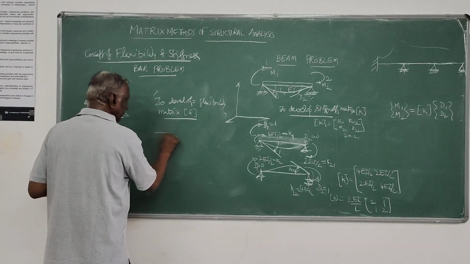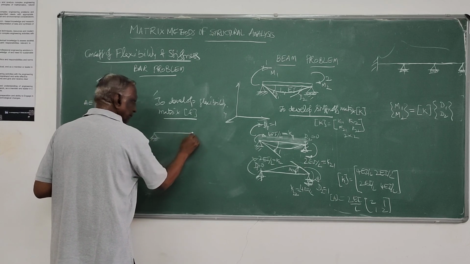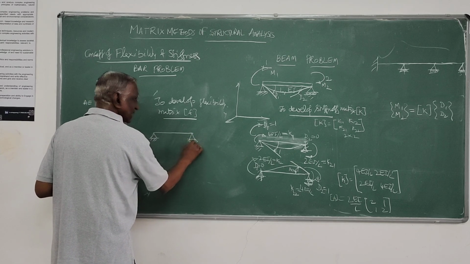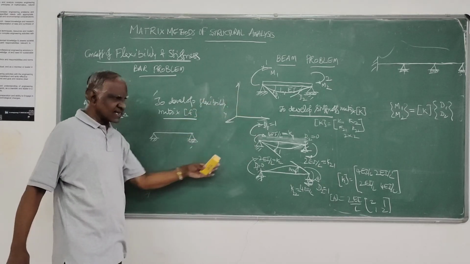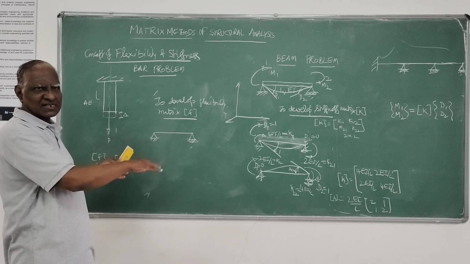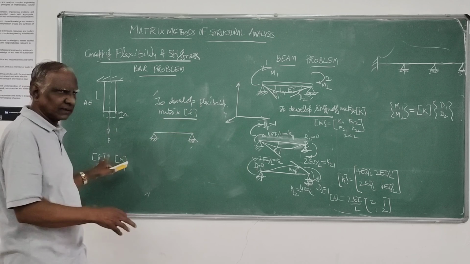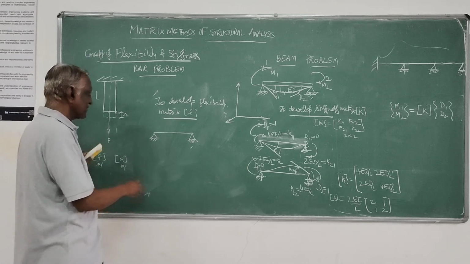So for developing the flexibility matrix, I have to apply the same beam with the same coordinate system, because with this example itself, I will show that K is equal to F inverse, or F is equal to K inverse. I want to prove it with the same example that I have already covered.